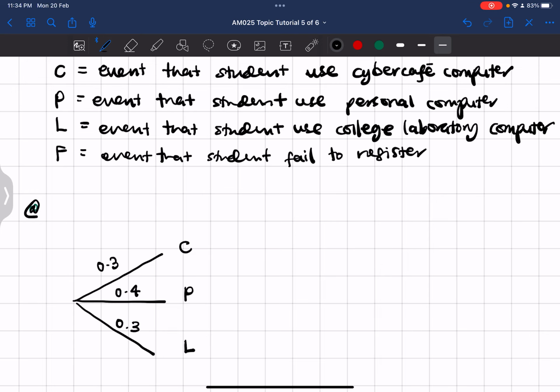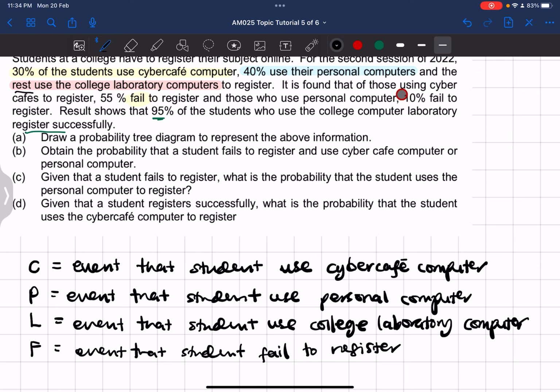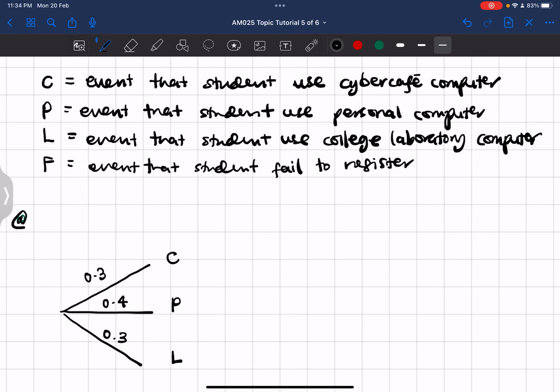So for the next branch, it is found that those using cybercafes to register, 55% failed to register. So the probability of using a cybercafe computer and failing to register is 55% or 0.55.